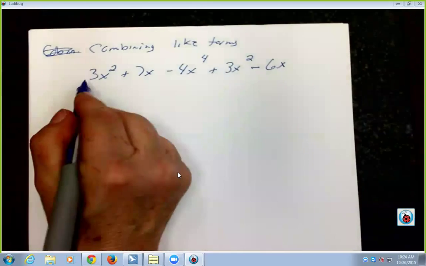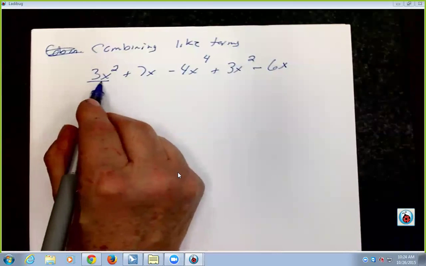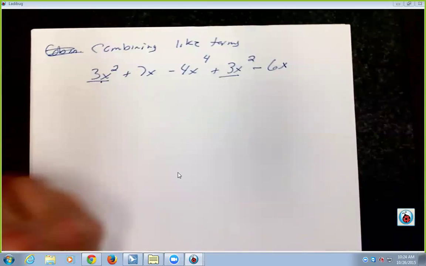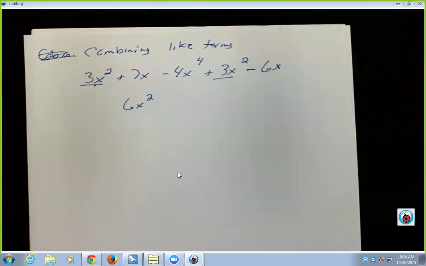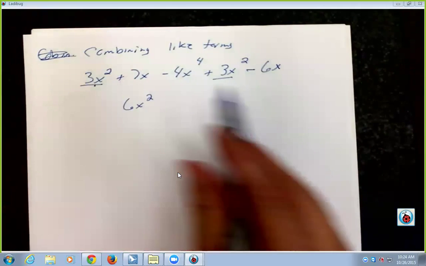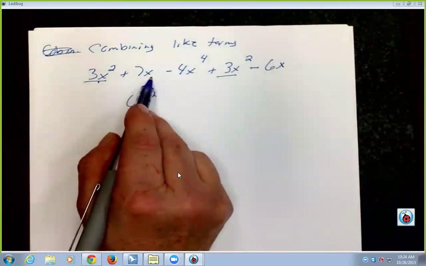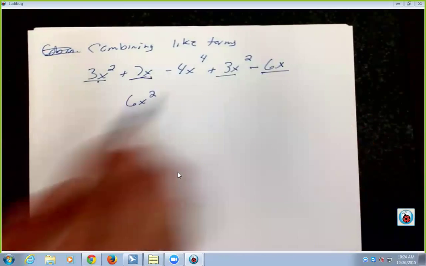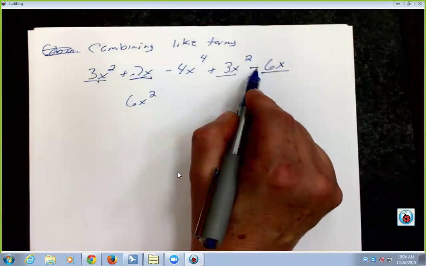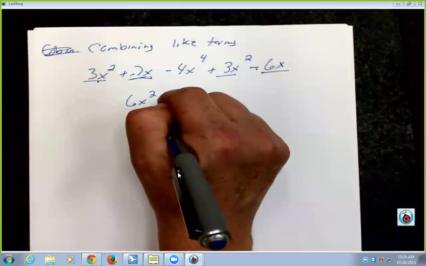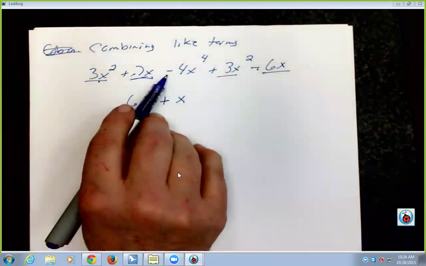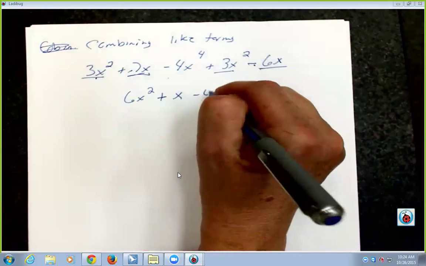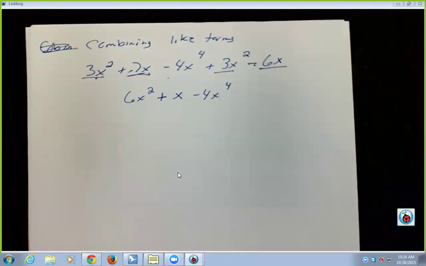So I'd just go down my lines here and see if I had any more x squared. So do I? Yep. So I put those together. So 3 plus 3 is 6x squared. Then I need to look, see if I got any straight x's. And I've got a straight x. So 7x minus 6x is an x, positive. And last of all, this doesn't have anybody to combine to it, but it comes along.